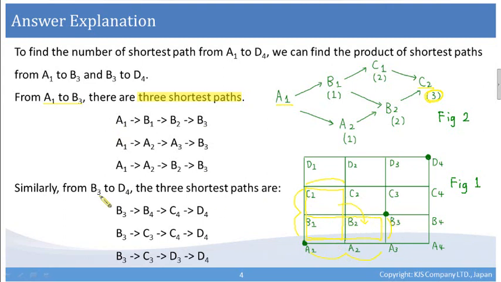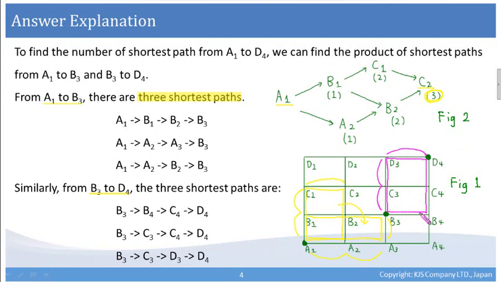Similarly, from B3 to D4, let's mark this in another color. So B3 to D4, again this rectangle has two paths on one side and one on the other side.